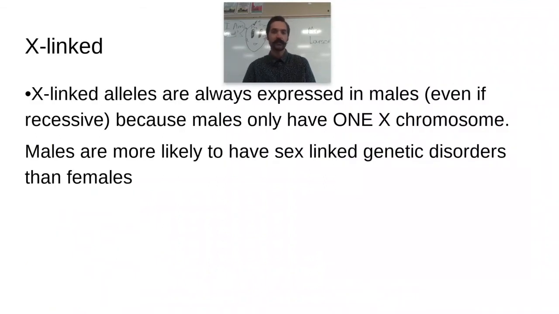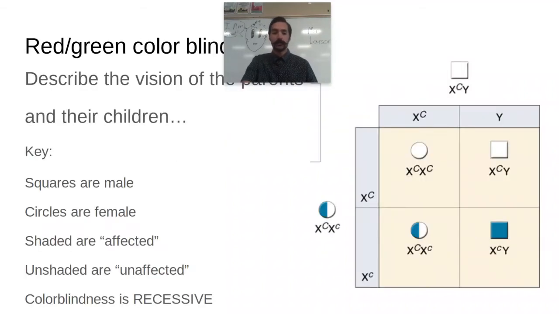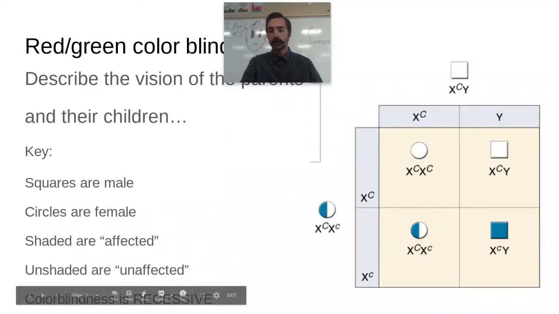So X-linked alleles are always expressed in males because males only have that one singular X chromosome. So basically, males are more likely to have sex-linked genetic disorders than females. For example, going back to this chart, this male in the bottom right corner has the red-green color blindness trait because it was passed on from the mother's X chromosome, while he got his Y chromosome from the father.